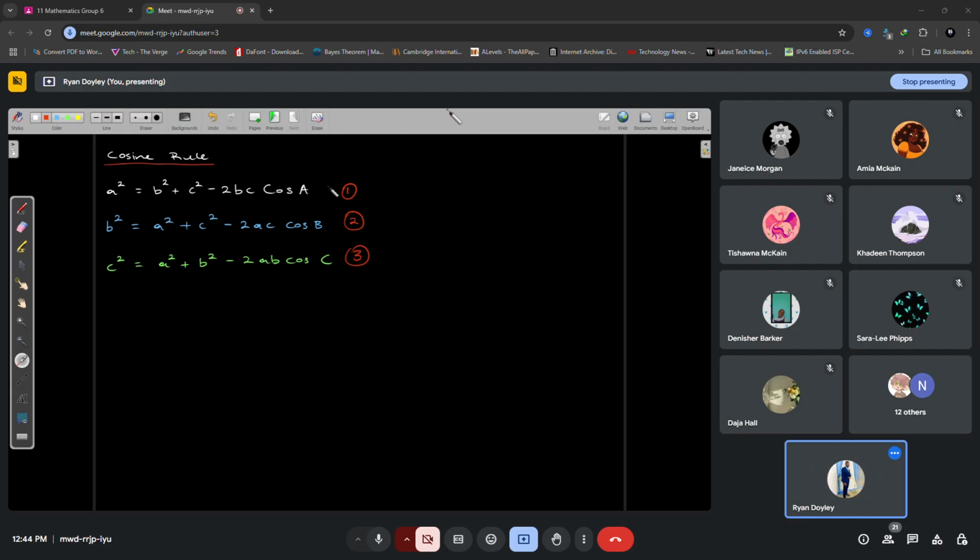So now, what was the condition for us to use the cosine rule? Sir, as in you can only use it with a non-right triangle? Yes, but what else did we say about the sides and angles?